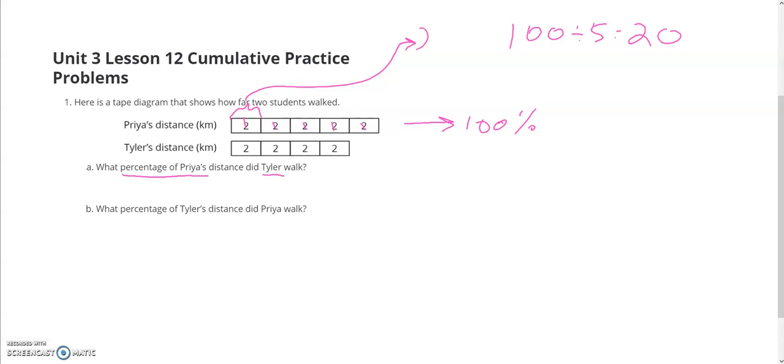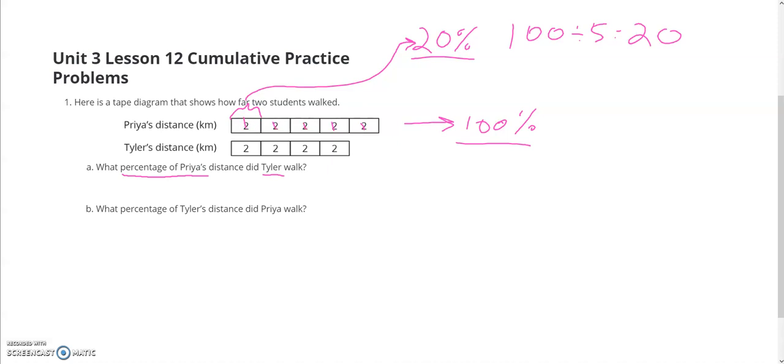Each square or little rectangle is 20%. Priya's whole walk is 100%. Each rectangle is 20%. 20, 20, 40, 60, 80, 100%.